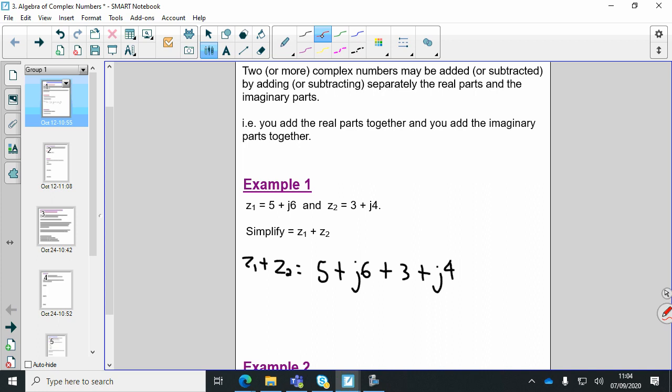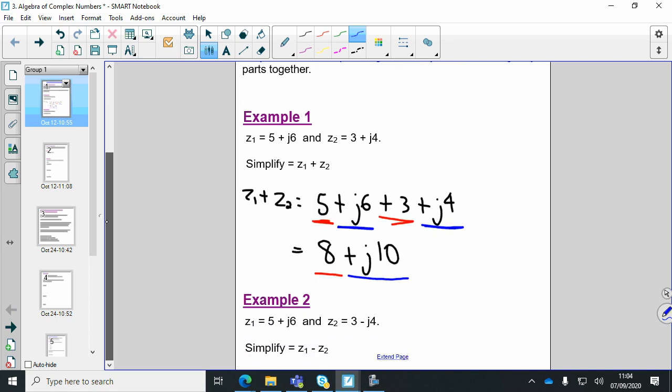Now, the real parts go together, and the imaginary parts go together. So we get 5 plus 3 for the real part, which is 8, and J6 plus J4 is going to be J10 for the imaginary part. So it just behaves like a normal algebraic equation in that sense. Real parts, imaginary parts, collect them.